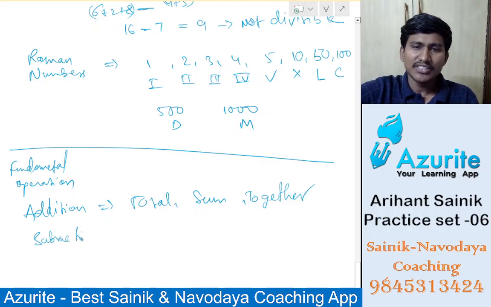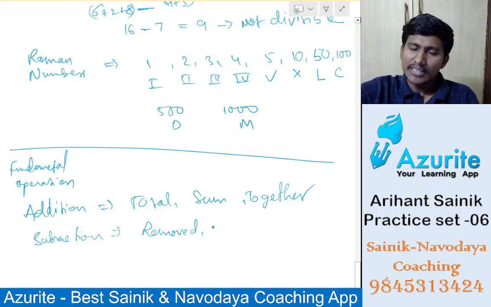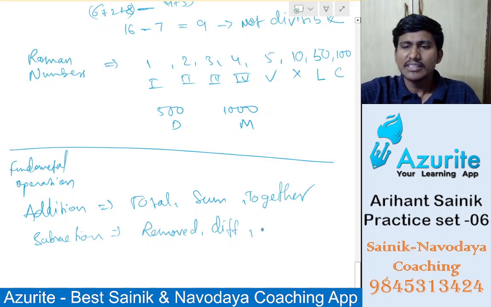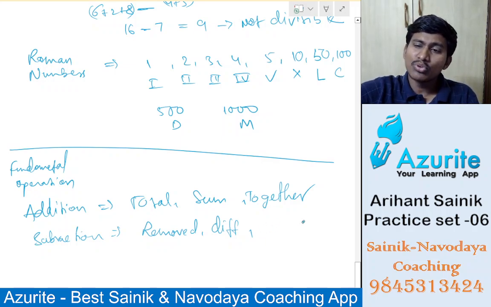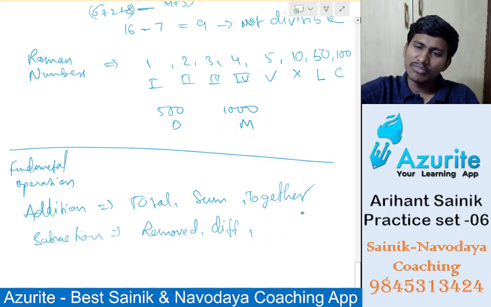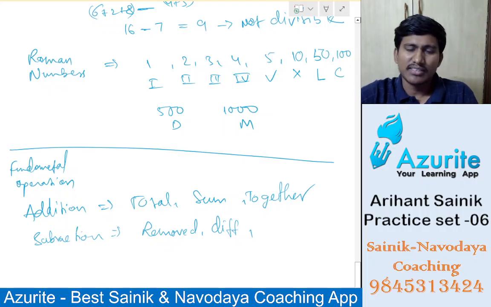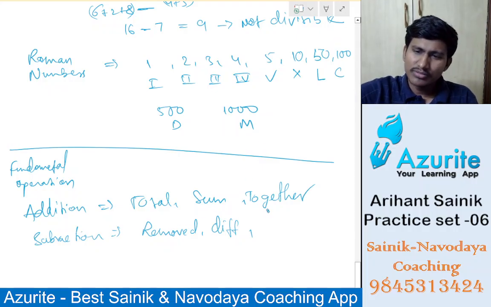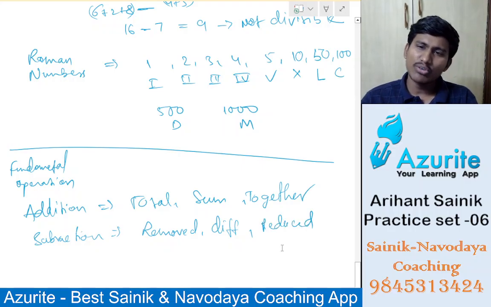Difference, removed, difference, and more. This is more than that, that we have to plus, but to find the number we have to minus, okay. Reduced also means subtraction, okay. You already know, I will not go in detail, okay.